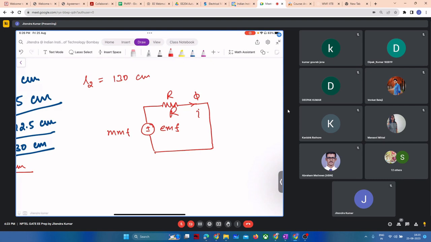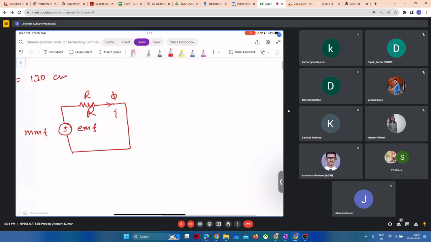This silicon steel, these ferromagnetic materials, have many non-idealities, many non-linearities. There are limitations on how far you can increase the flux when you increase the current. So this is the H, MMF, and this is the flux.